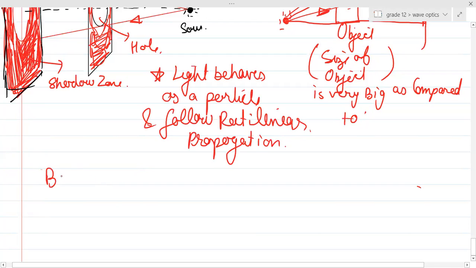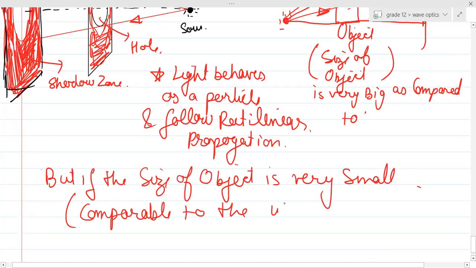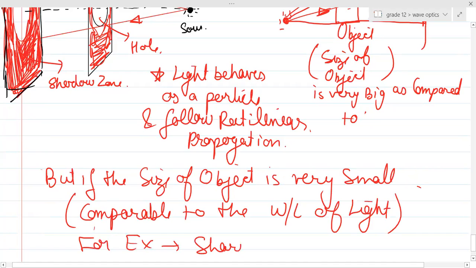But if the size of the object is very small, or can I say comparable to the wavelength of light, for example, around sharp edges, sharp edges of the object, then what will happen?